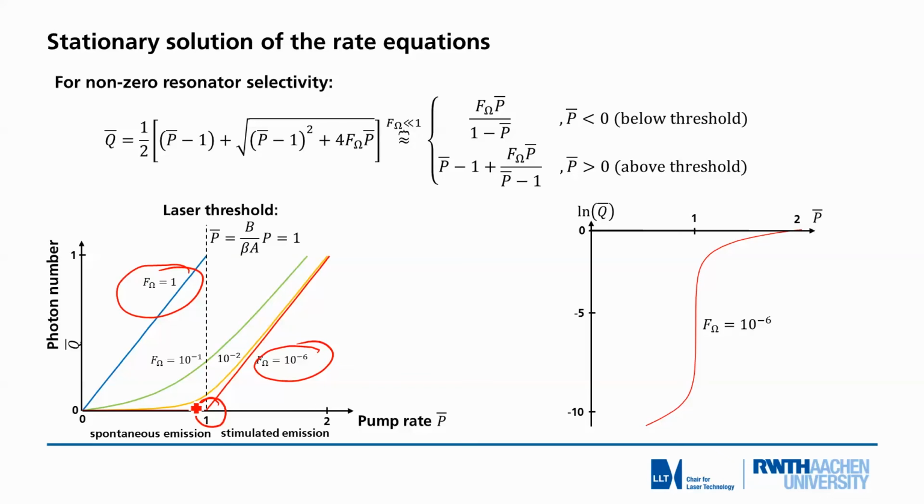And if we magnify this region here, you see the picture on the right, and it tells us that with very small changes around the laser threshold, which is p bar equals 1, we get significant changes in photon numbers, in this case here, between, remember, this is a logarithmic scale, 10 orders of magnitude.